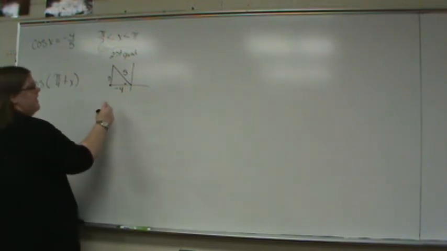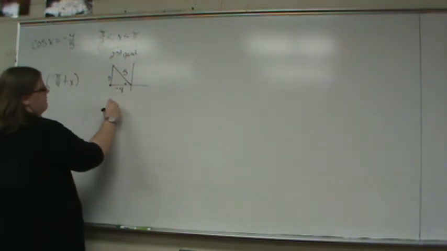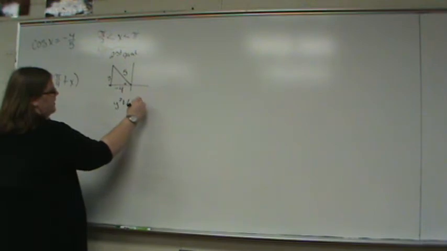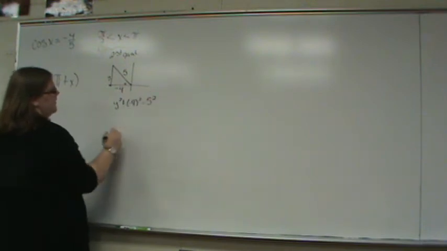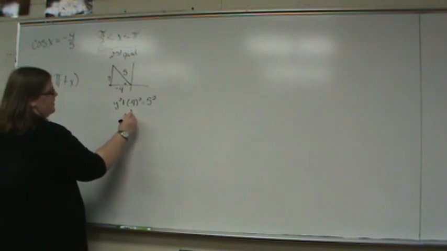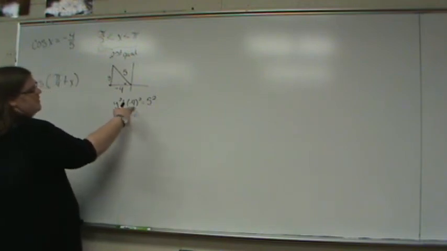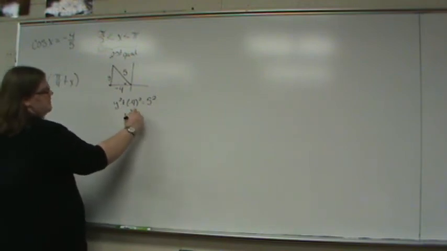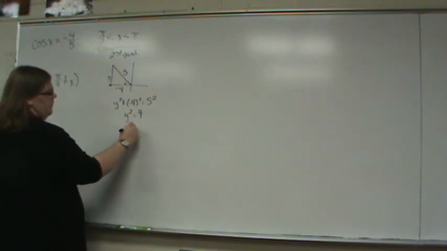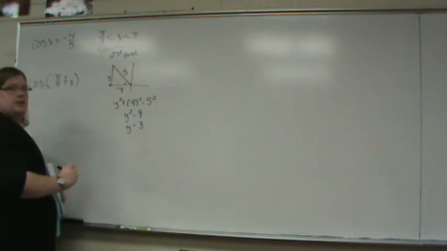I'm going to use the Pythagorean theorem. So I'm going to have y squared plus negative 4 squared equals 5 squared. I end up with y squared equals 25 minus 16, so that gives me 9. So y equals 3.